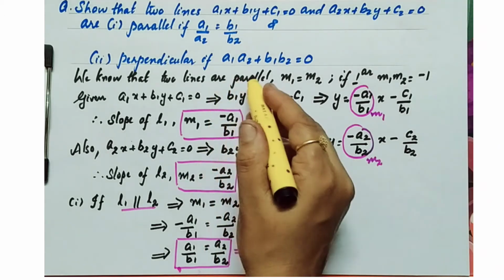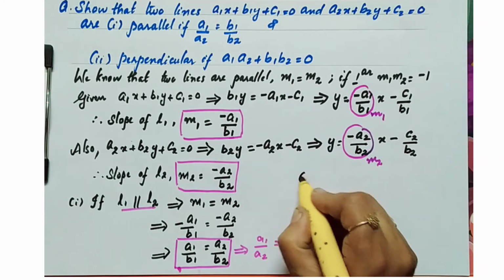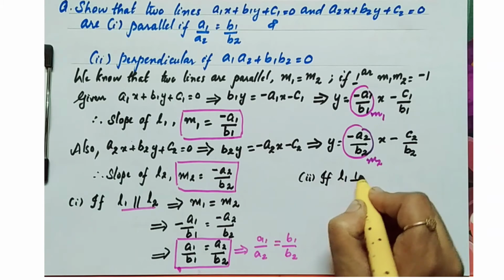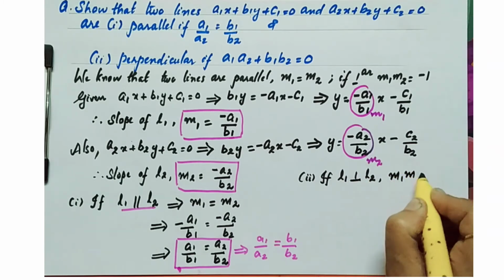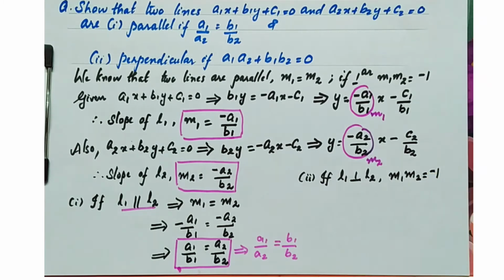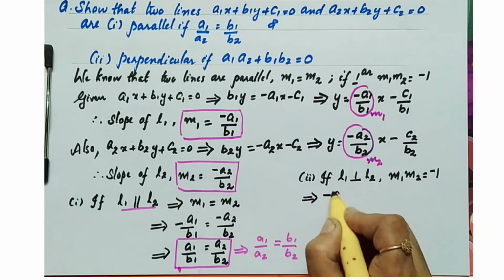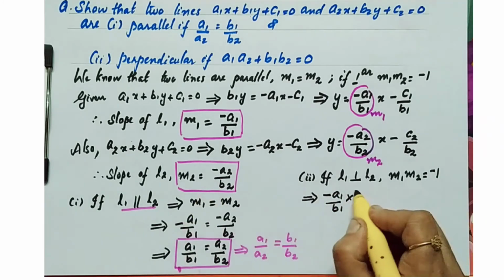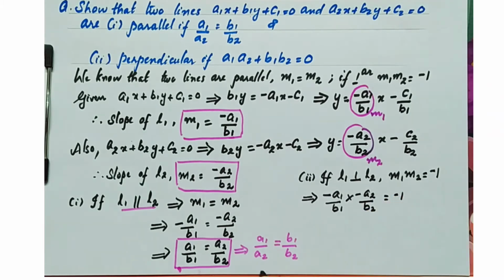Perpendicular if a1 a2 plus b1 b2 equal to 0. This we need to prove. Second condition is that if the line L1 is perpendicular to the line L2, we have the product of their slopes m1 into m2 is minus 1. What is m1? m1 means minus a1 by b1 into m2, minus a2 by b2, equals minus 1.